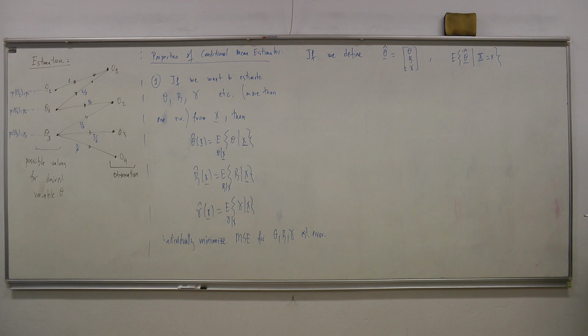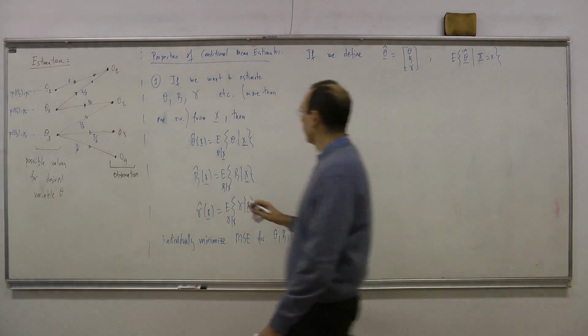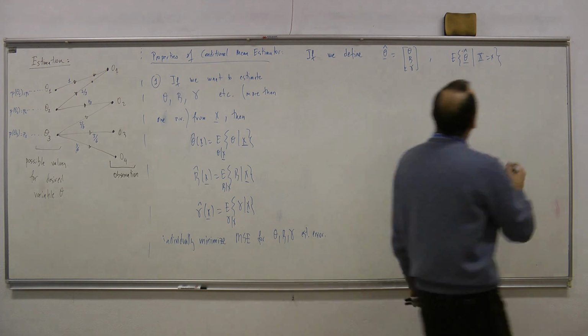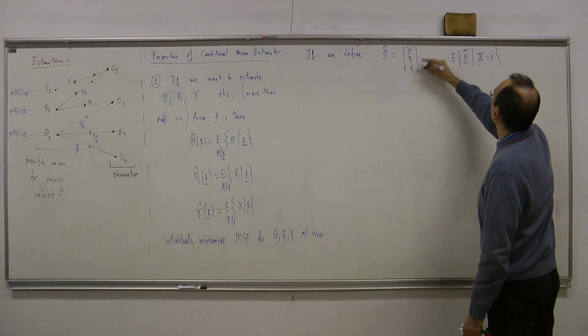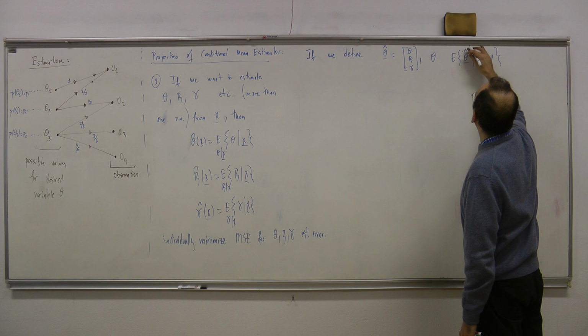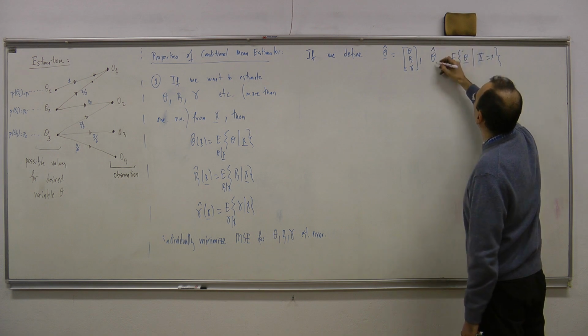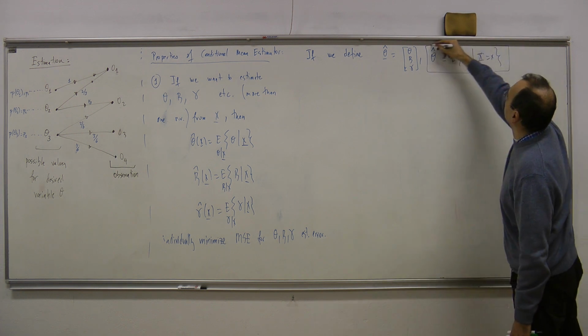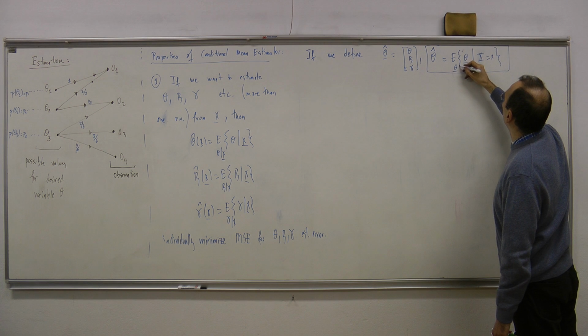Now I'm trying to define a random vector for the desired quantities. Then theta hat is equal to this, and let me put it in a box, given x.